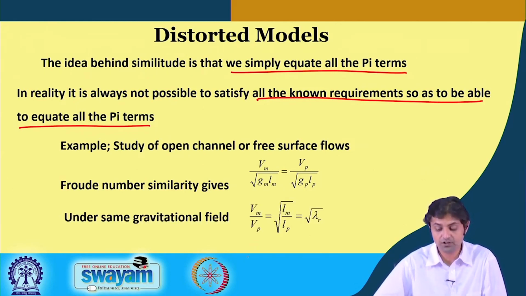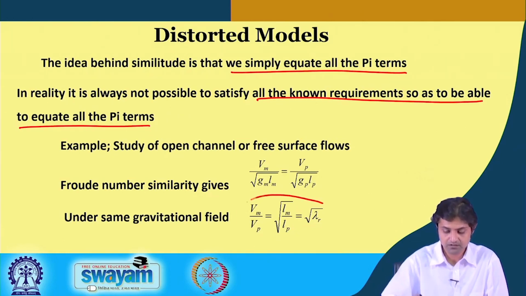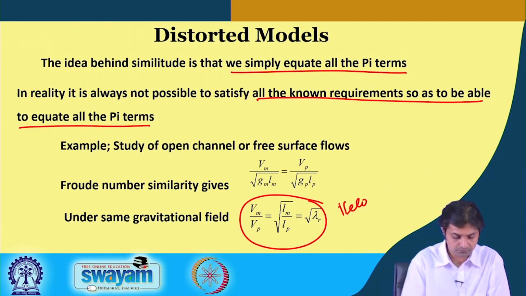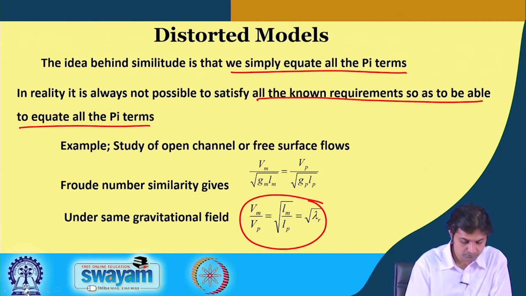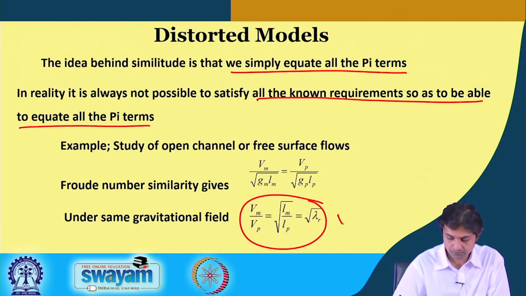So, the ratio of the velocity will be lambda, under root of length ratio, that we have seen in the previous example, correct. Under root of length ratio, fine.